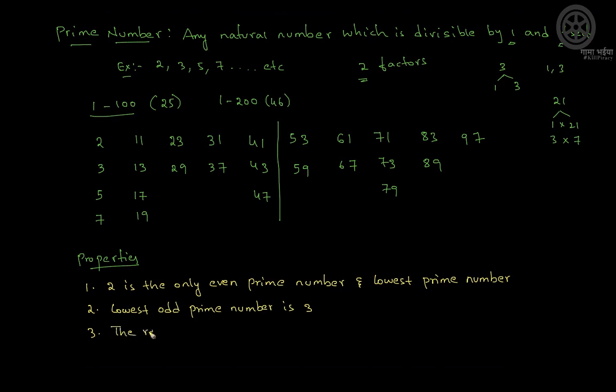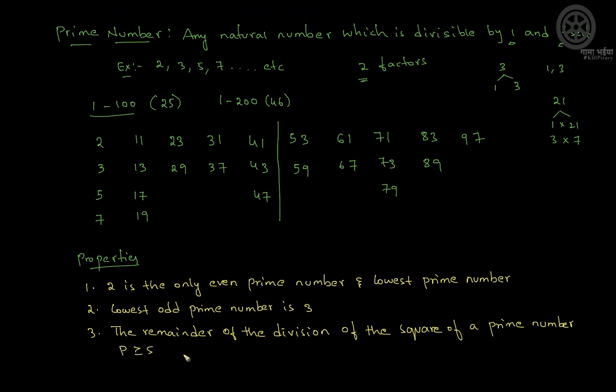The remainder of the division of the square of a prime number p greater than or equal to 5, divided by 12 or 24, is always 1.